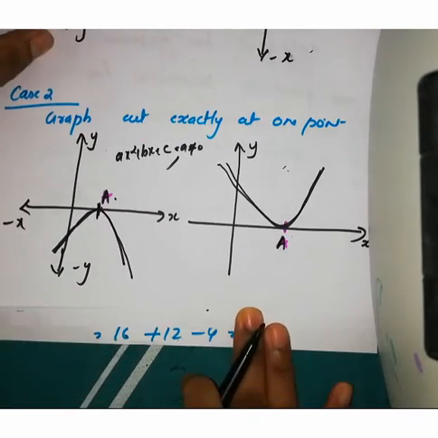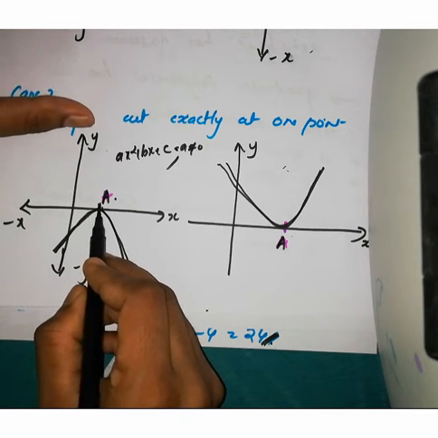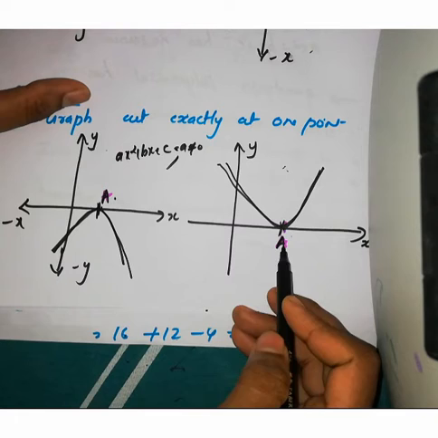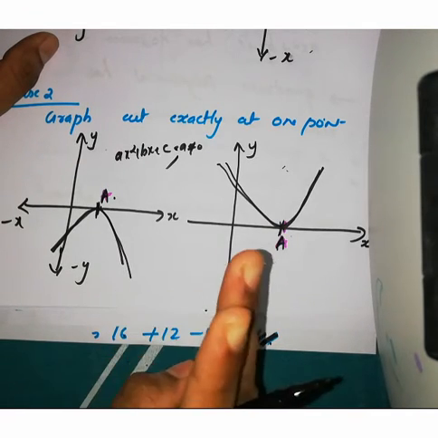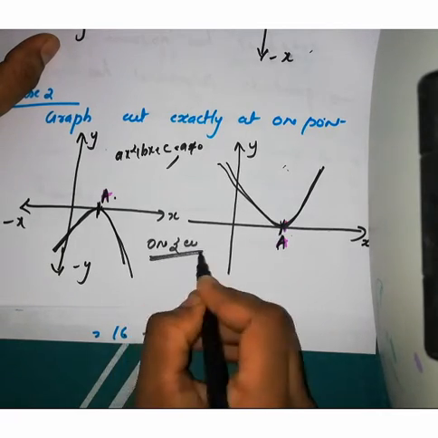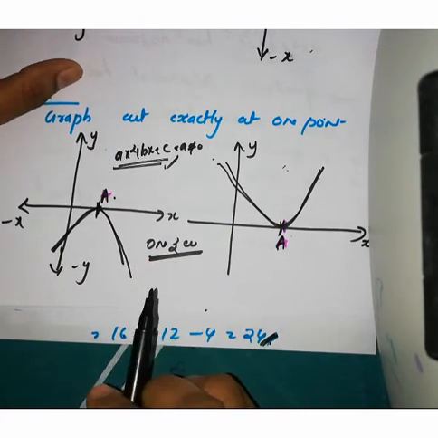If the graph is like this, that means this graph cuts the x-axis only at one point. And this also, a parabola cuts the axis at only one point. From this, we can say that it has only one zero. So this quadratic polynomial has only one zero. Clear?